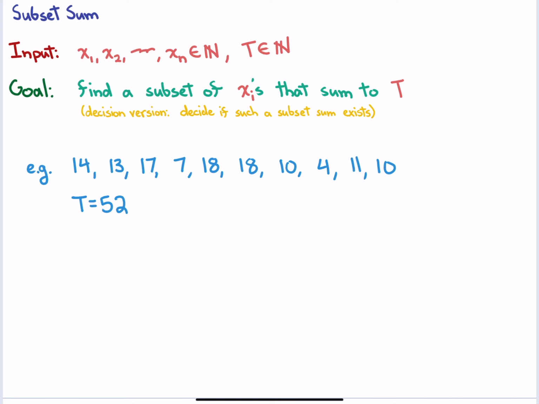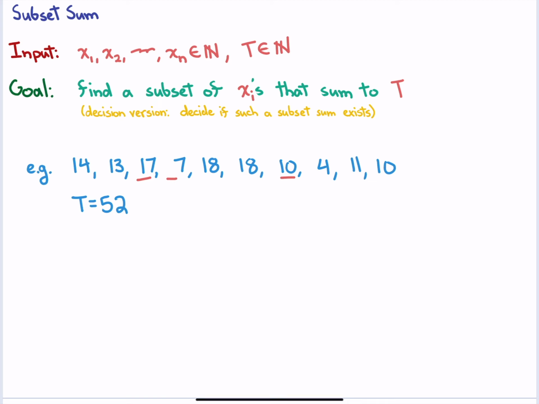All right, so here I have an example of 10 numbers, all between 1 and 20, and a target of 52. And the question is, is there a subset of these 10 numbers that add up to 52? Seventeen, 7, 10.